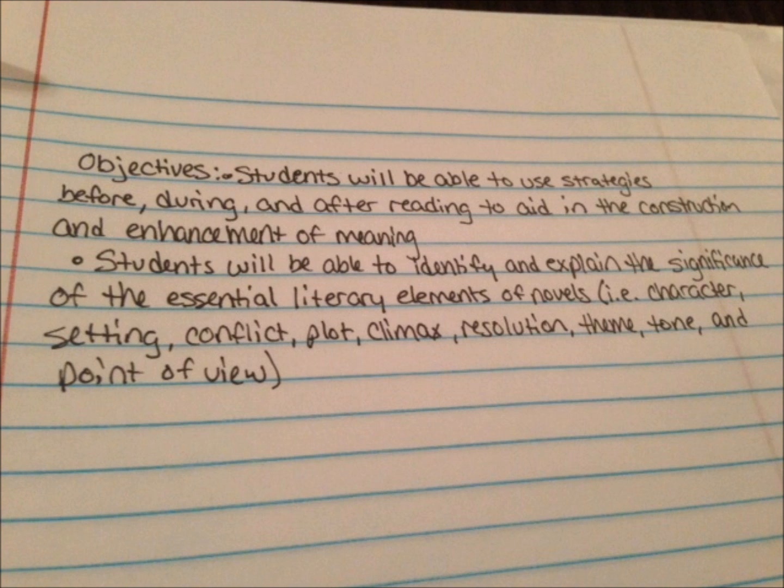For example, character, setting, conflict, plot, climax, resolution, theme, tone, and point of view. These are objectives because they are more specific than the goal and their outcomes are measurable.